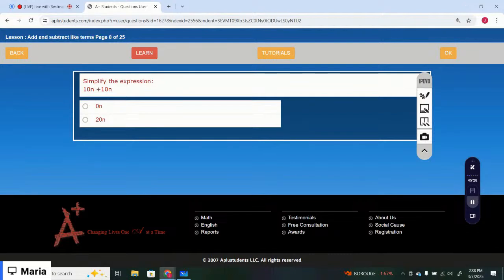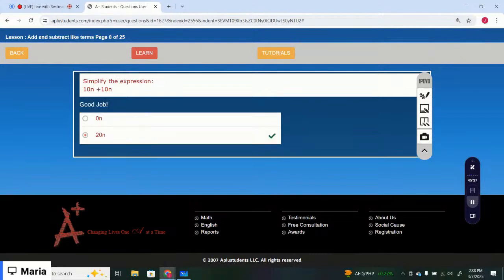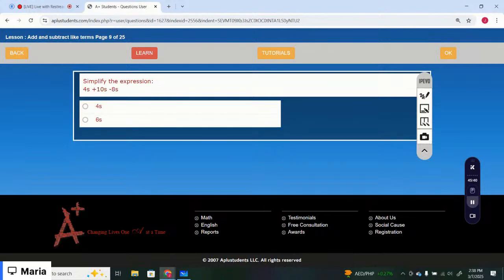10n plus 10n equals 20n. Option number 2 is the correct option. 4s plus 10s minus 8s. 14 minus 8 is 6.